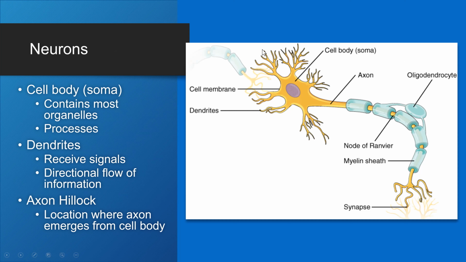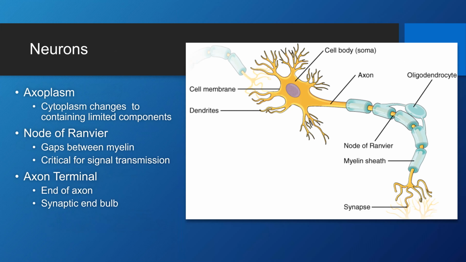So a dendrite sends information towards the cell body, right? Here we go, like this, and an axon sends information towards the synapse, right? Also, the axon hillock is where the axon emerges from the cell body, so that's pretty much like this first part, right? So it's really part of the cell body yet, but it's the most excitable part of the axon, right? That's called the axon hillock.